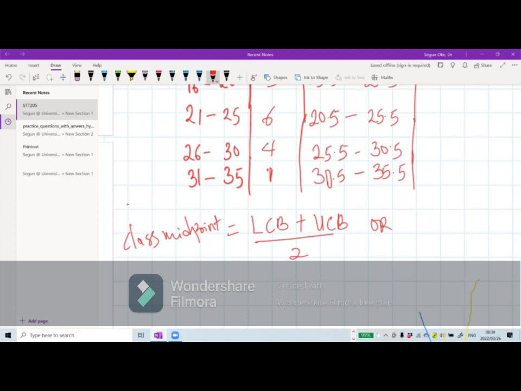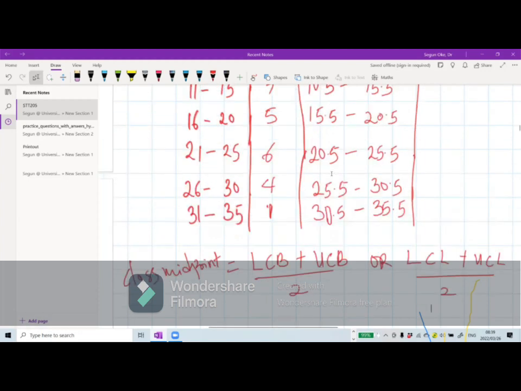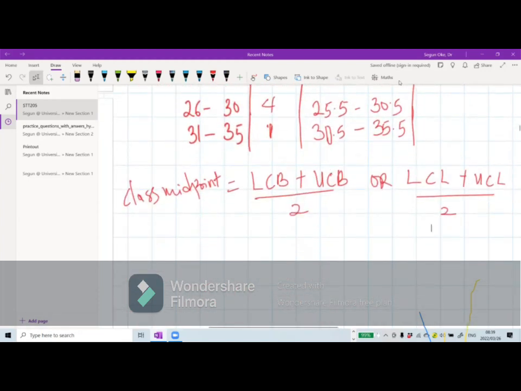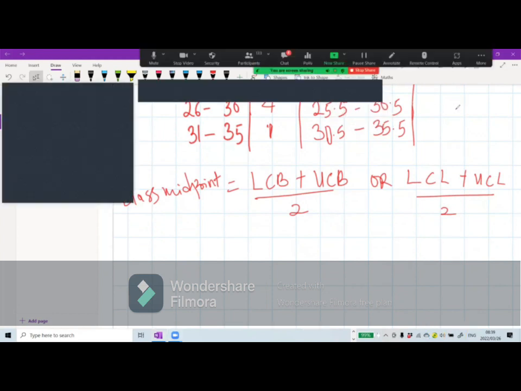Or lower class limit plus upper class limit divided by 2. You will see that you will get the same answer. Yes or no? Yes, sir.